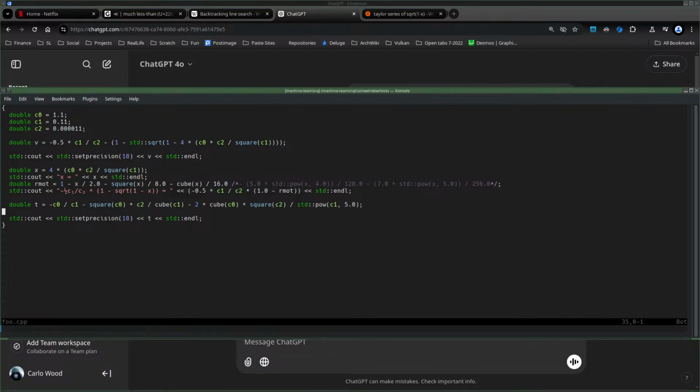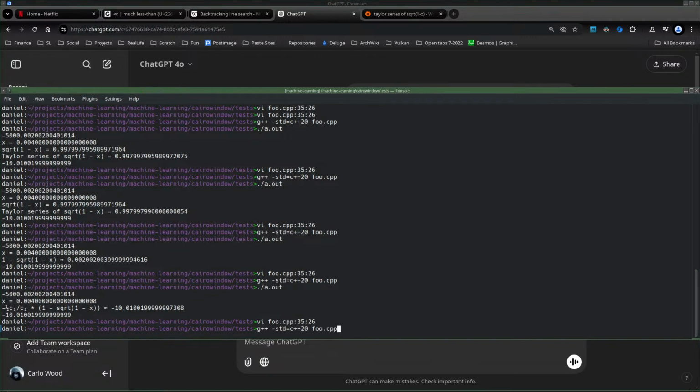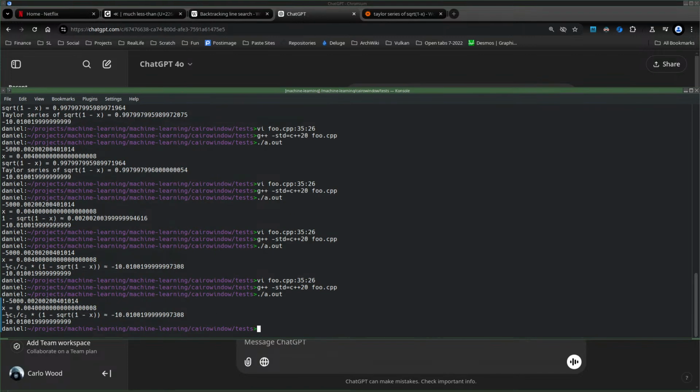How is it possible? Why is this printing minus 5,000? It should also be minus 10.